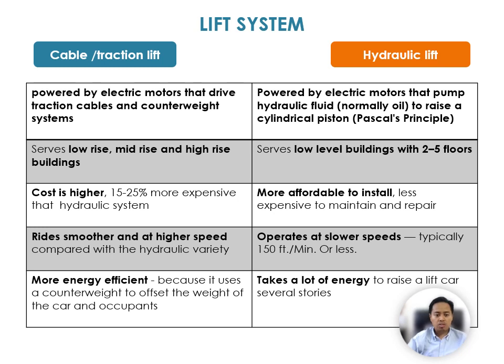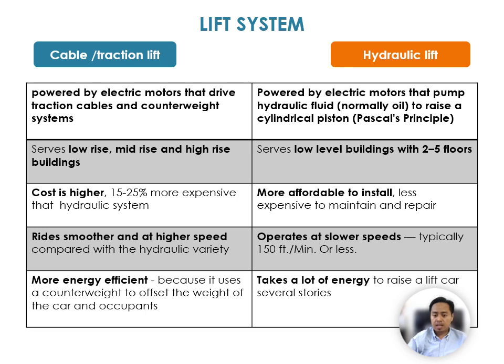Cable lift cost is higher, 15 to 25% more expensive than the hydraulic system, whereas hydraulic lift is more affordable to install, and less expensive to maintain and repair. Cable lifts ride smoother and at higher speed compared with the hydraulic types.